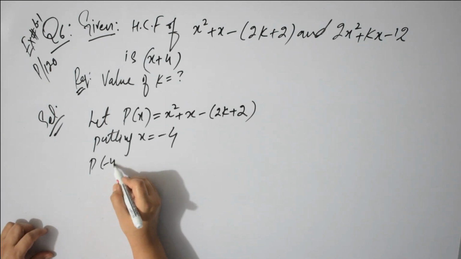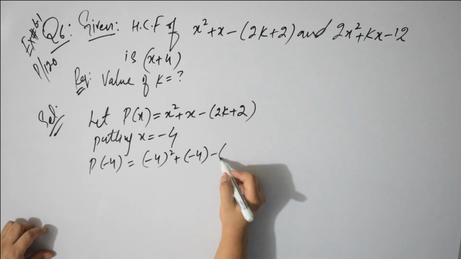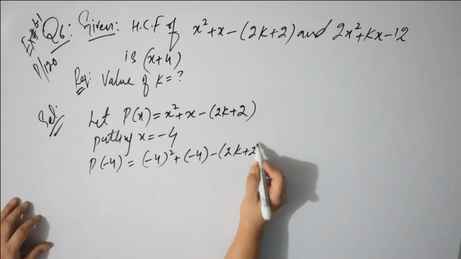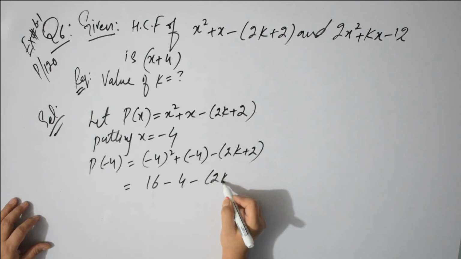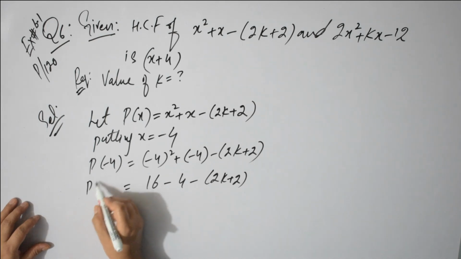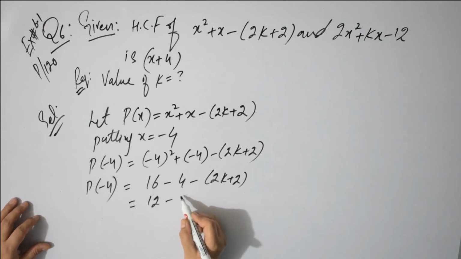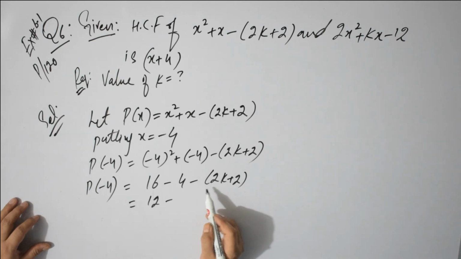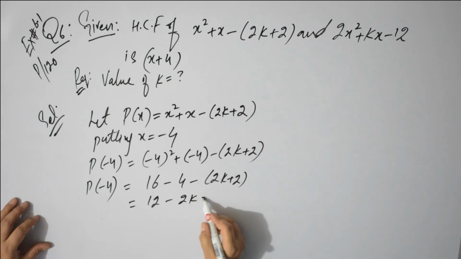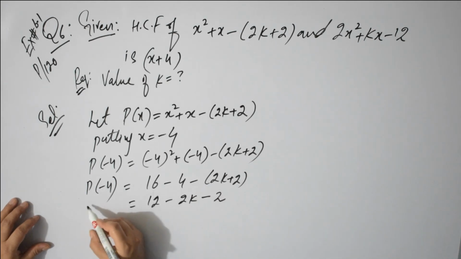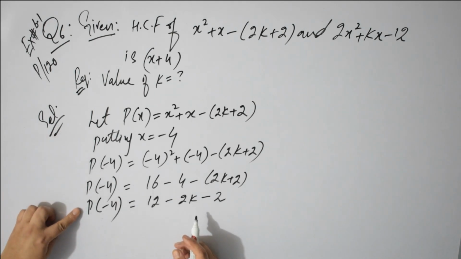P of minus 4 is minus 4 whole square minus 4 minus 2k plus 2. So, minus 4 square is 16, minus 4 plus 2, and then it is 12 minus. Now I am going to open this parenthesis and the signs will change, minus minus. I hope students these steps are clear to you.